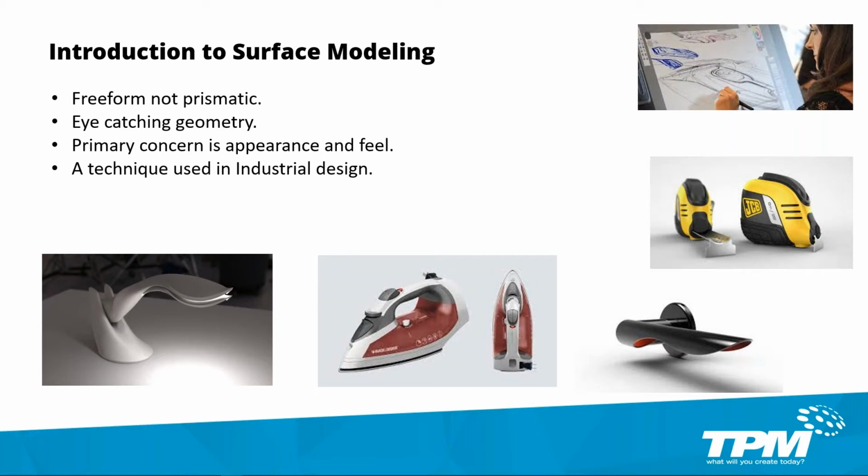Is it targeting the generation we're aiming for? Will people like it? How will it feel in their hands? Is it ergonomic? Appearance typically is their primary concern. Surfacing tools help designers and engineers create non-prismatic freeform shapes, like the examples you see here.